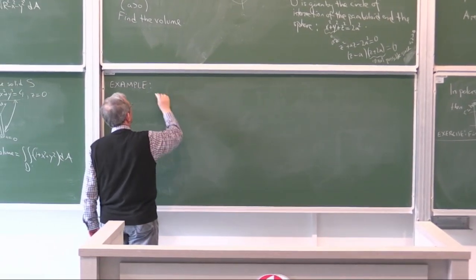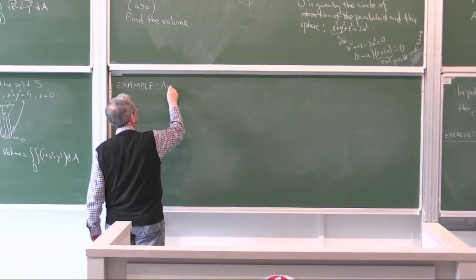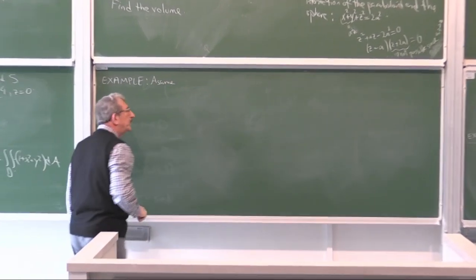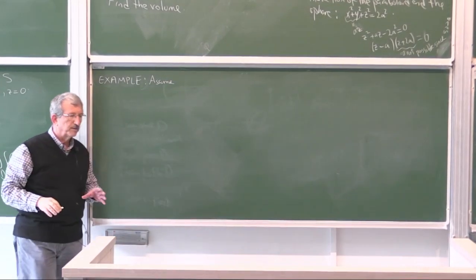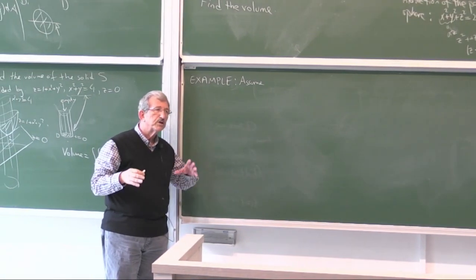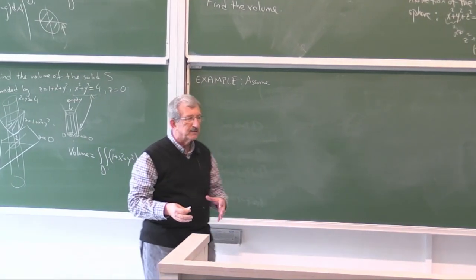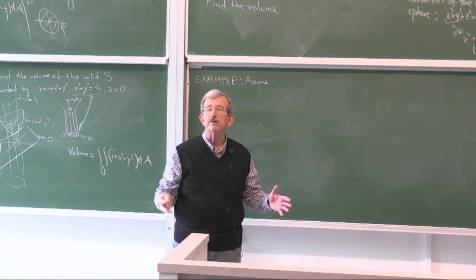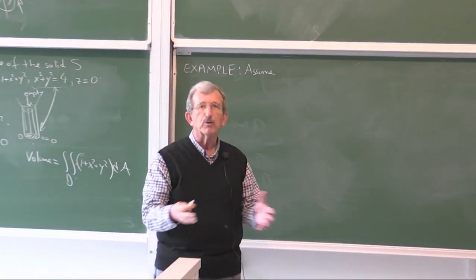Assume that we know the theory of double integrals, even though the domain is unbounded. That is, suppose we know improper double integrals. Well, of course, there are such things.